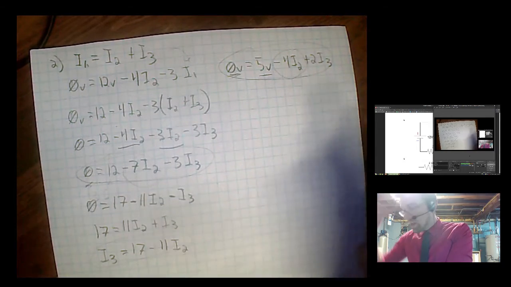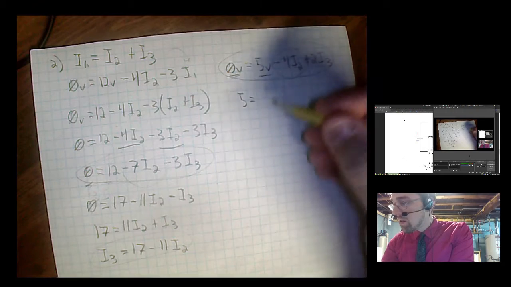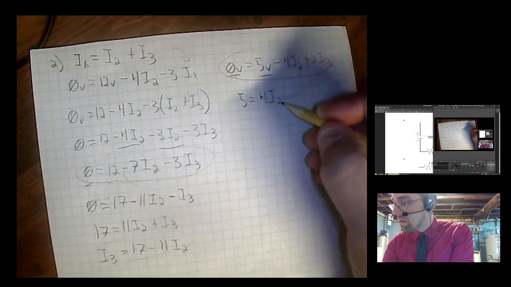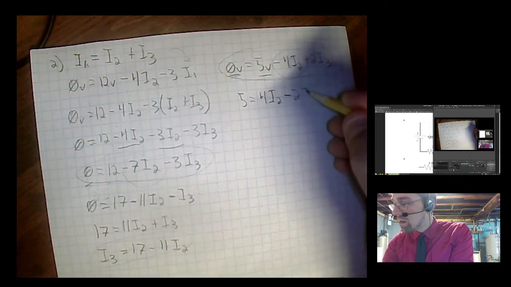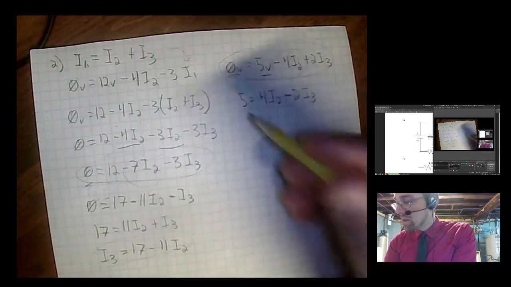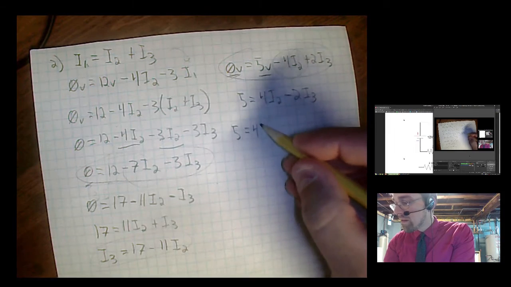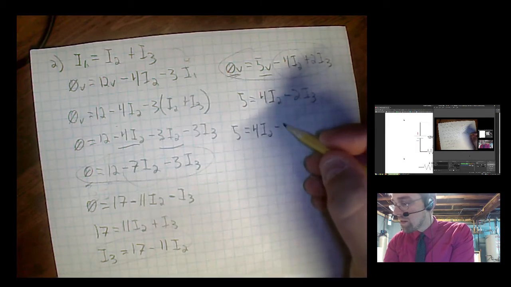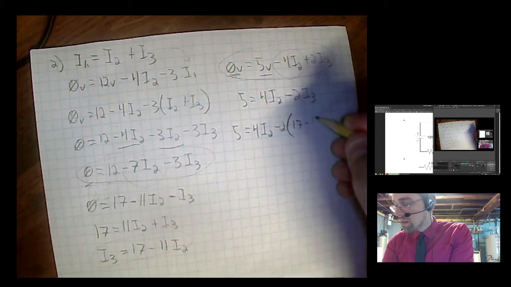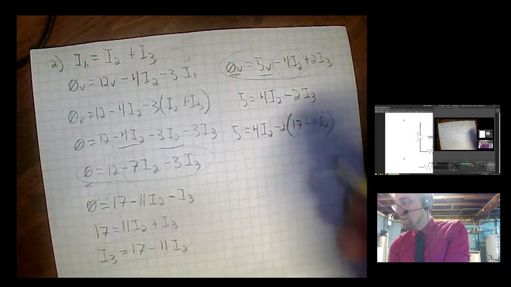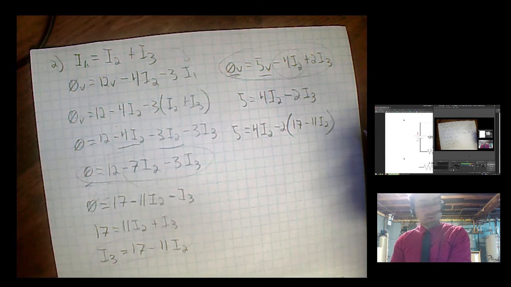So maybe we take it back up top here. Add that over, subtract that over. And now I have an expression for I3. I have an equation here that's only got one unknown, I2. Let's solve for it.